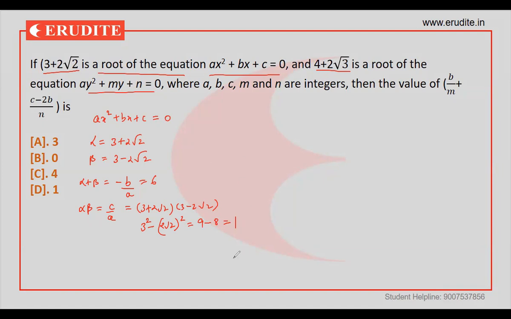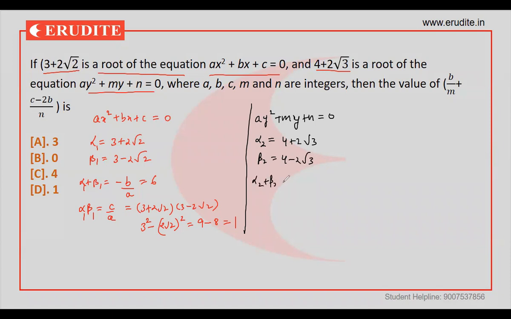Now I am going to consider the next equation, which is given: ay square plus 5my plus n equal to 0. Here I am assuming that alpha 2 and beta 2 are the roots. Alpha 2 is given as 4 plus 2 root 3, so definitely beta 2 will be its conjugate.